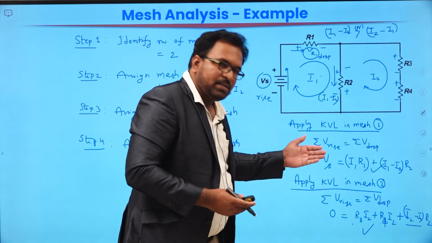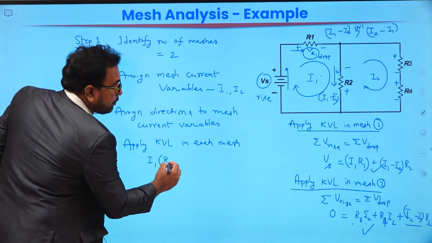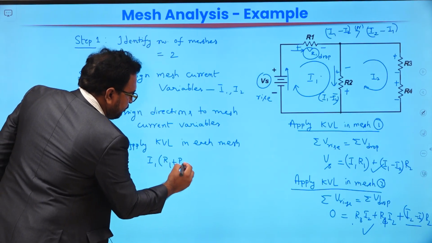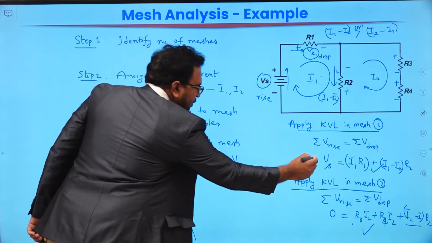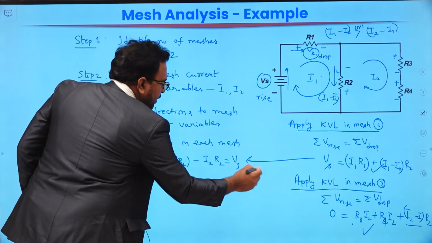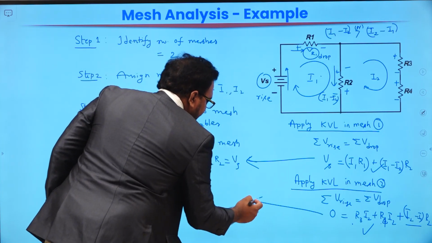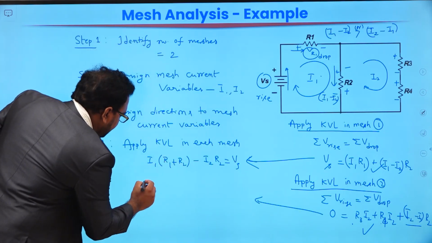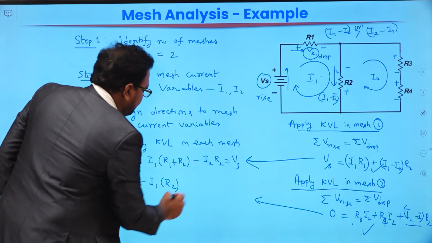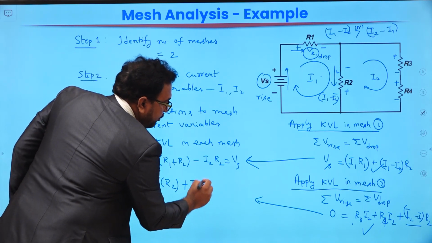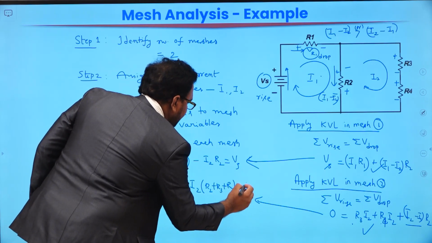Simplifying in terms of the mesh current variables, separating I1 terms and I2 terms: I1 into R1 plus R2 minus I2 into R2 is equal to Vs. Similarly, minus I1 into R2 plus I2 into R2 plus R3 plus R4 equals 0.